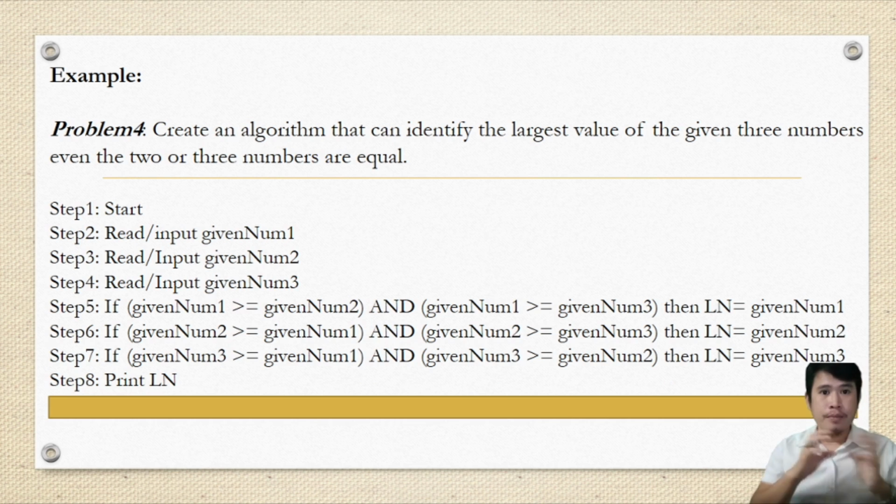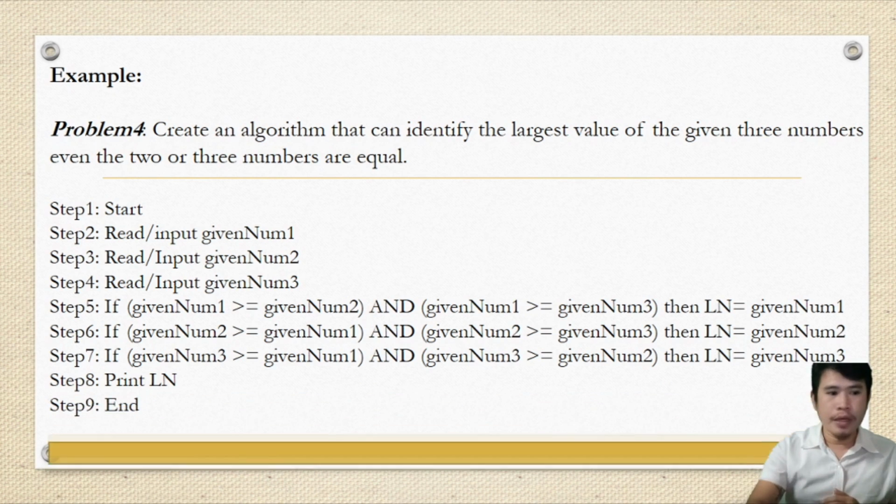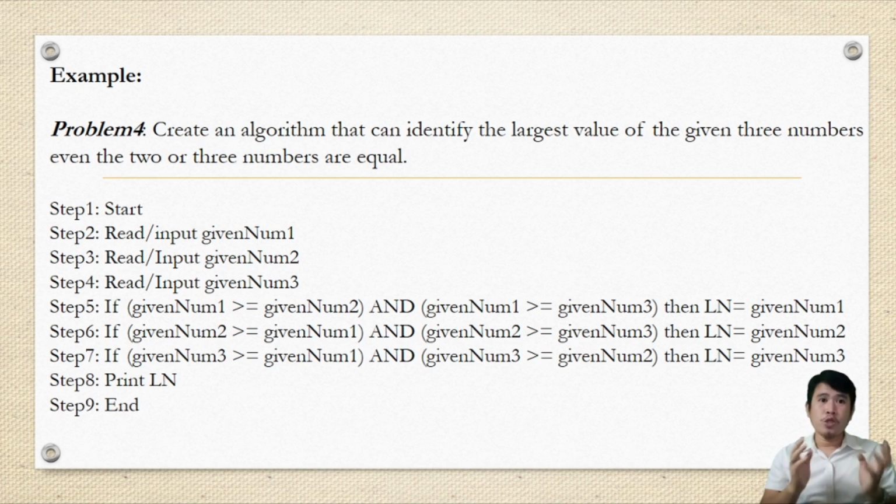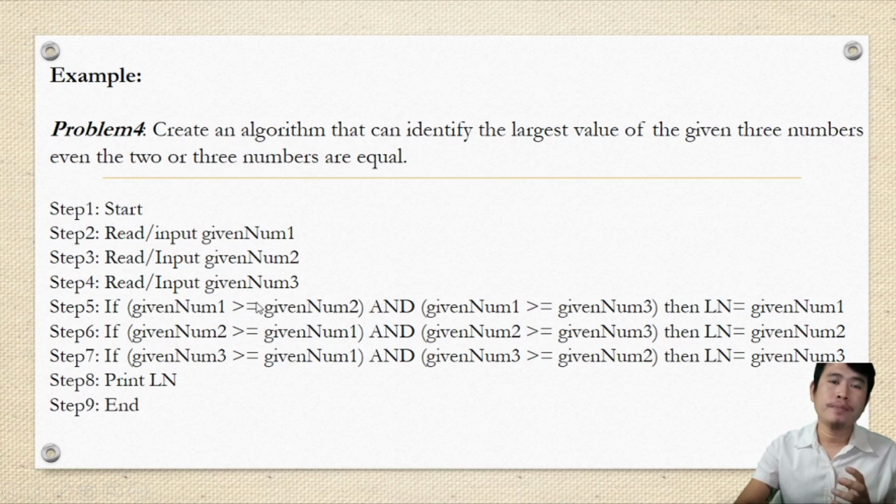After that, print the largest number and step 9 is end. So what is the difference from the previous one? We now have equal, greater than or equal. So if they are equal, then they are the largest value.